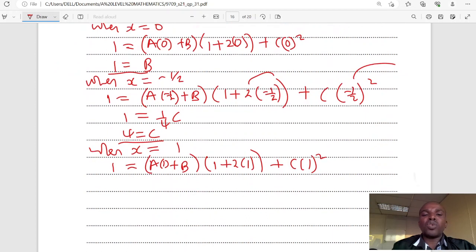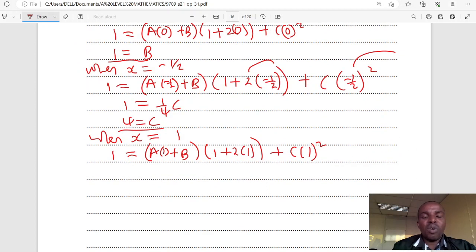I'll just substitute the values of b and c that I found. So 1 equals (a plus b) times 3, plus c. If I simplify, I get 3a plus 3b plus c.